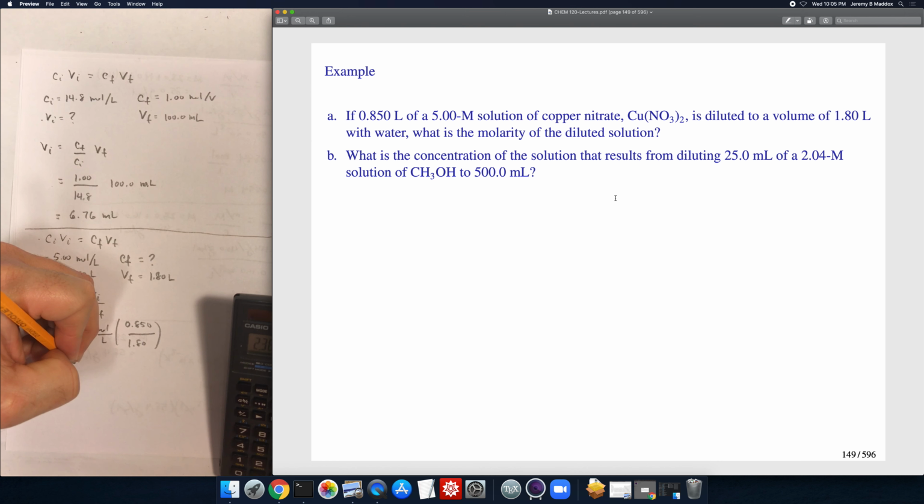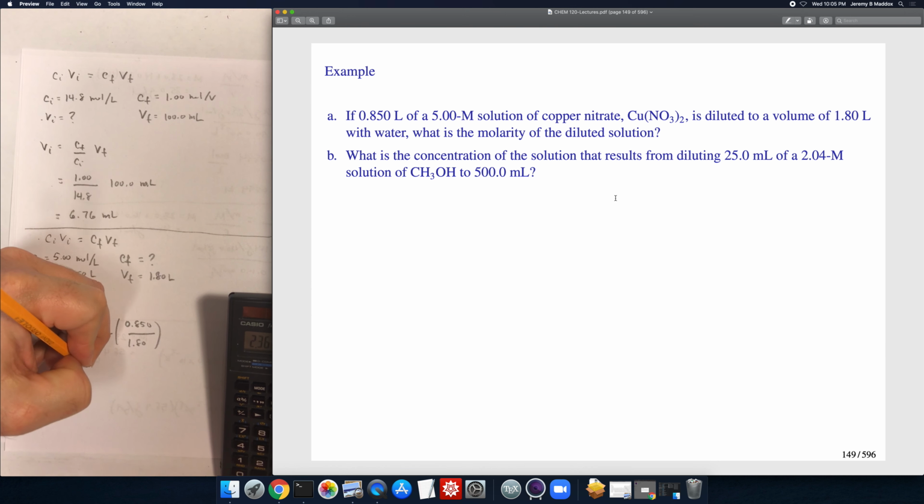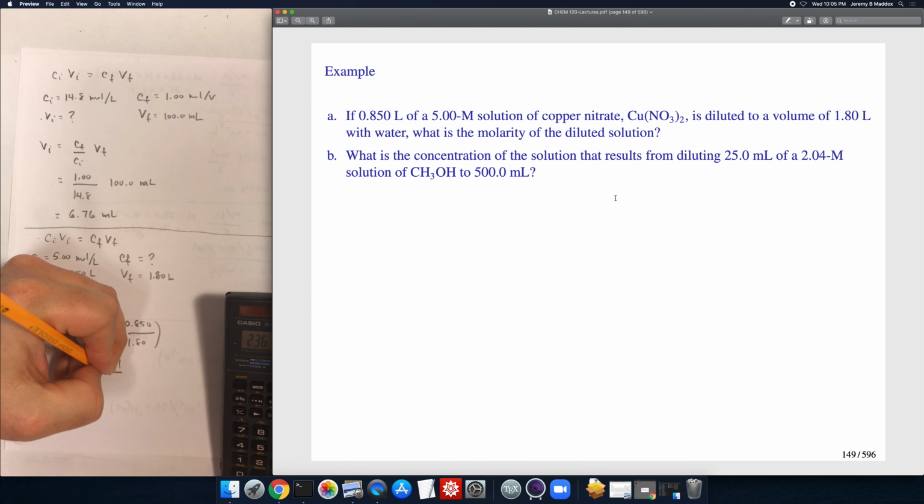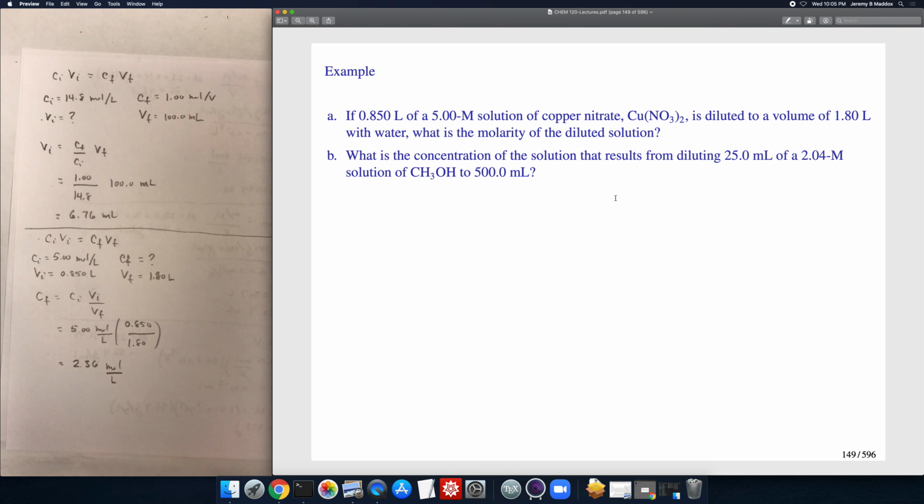And I'm getting 2.36 moles per liter for the concentration of the diluted solution. Okay, and that makes sense, right? If you have a 5 molar solution and you add water to it, the concentration is going to decrease.